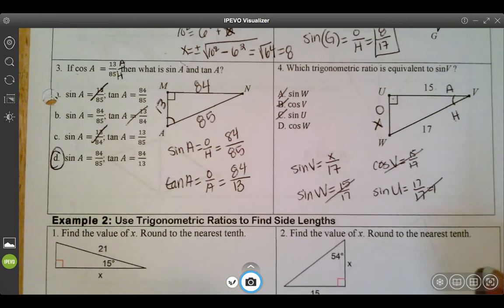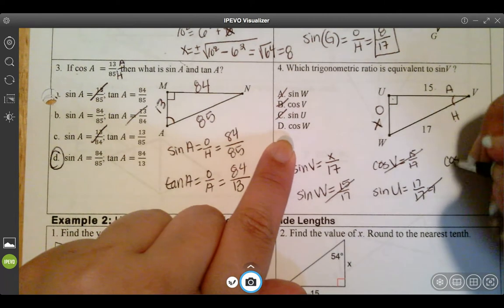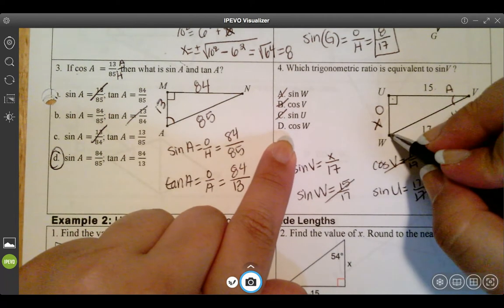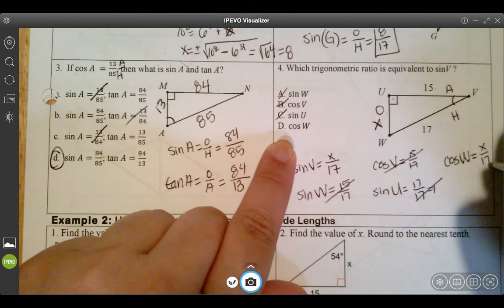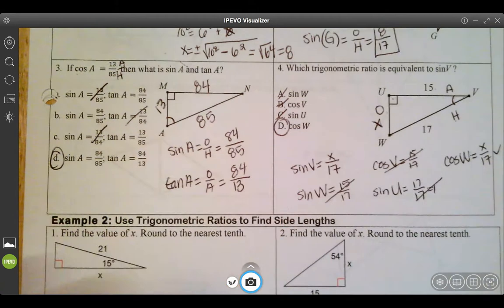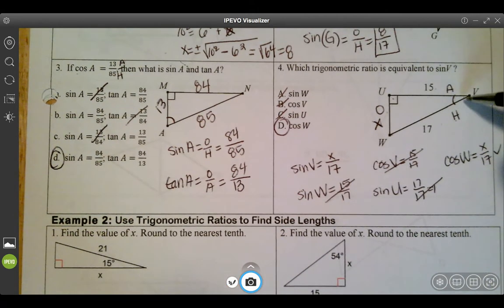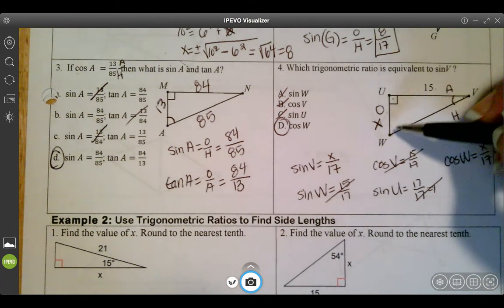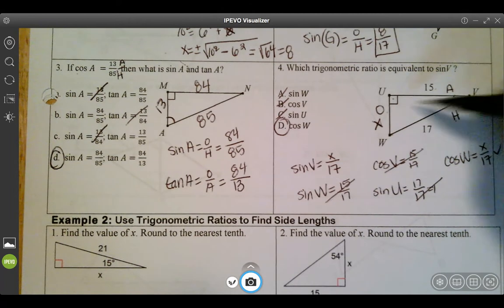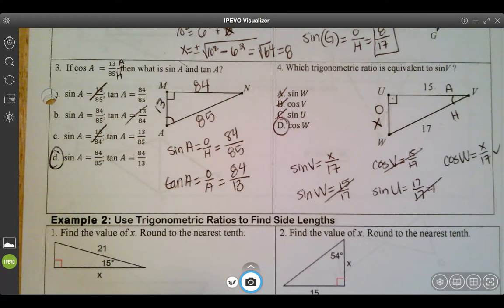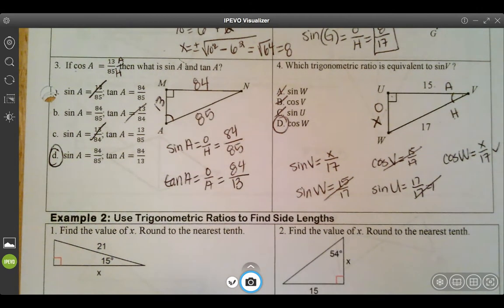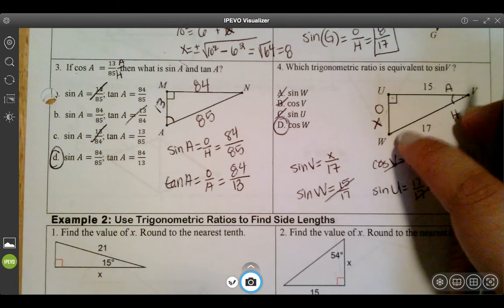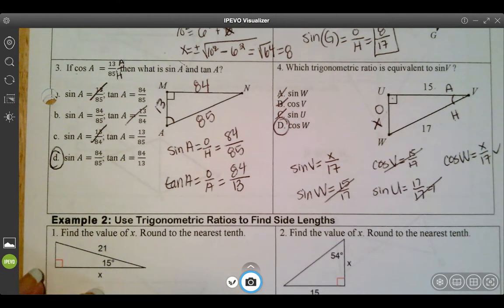And so our last option is cosine of W. Cosine of W, which is CAH, adjacent over hypotenuse, X over 17. So sine of an angle is equal to cosine of the other angle. Not the right angle, but the other non-right angle. That's why sine and cosine are called cofunctions, because they're equal for opposite angles in a right triangle.